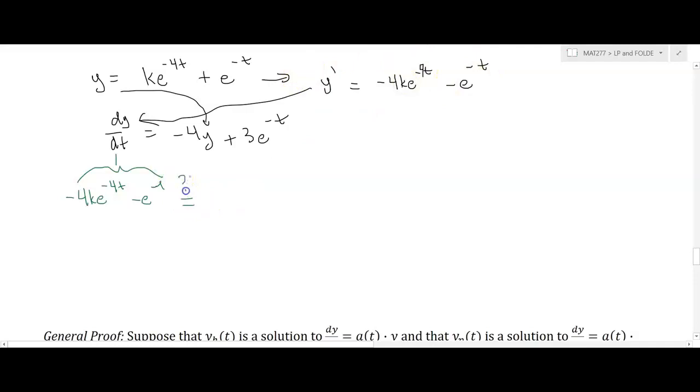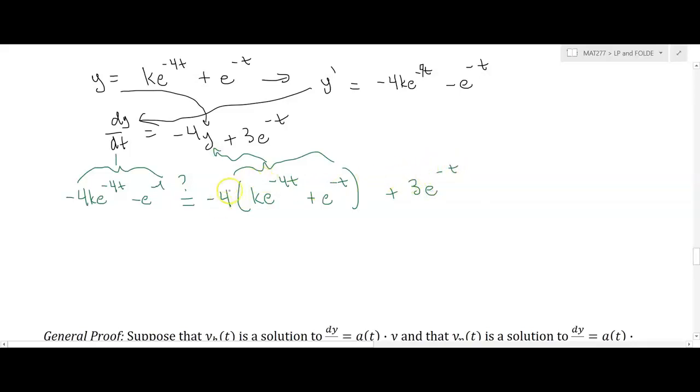And now I want to check, is that equal to negative 4 times the y function, which is k e to the negative 4t plus e to the negative t, and then add on the end of it the result. So this piece here is just our substitution for y plus 3e to the negative t.